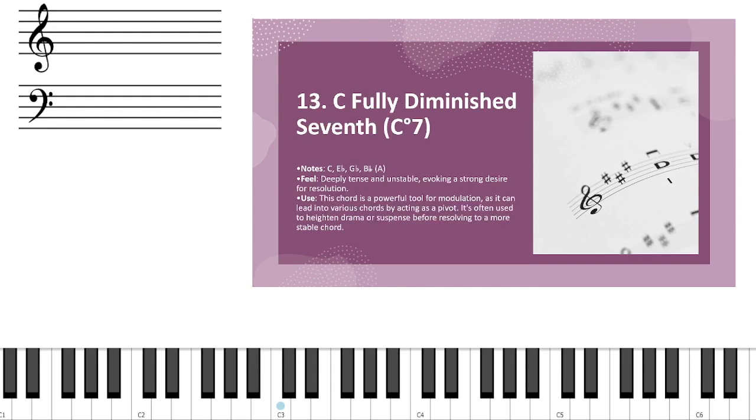Number 13, a fully diminished 7th. And this is C, E flat, G flat, and B double flat, which is A. So C, E flat, G flat, and B double flat, which is A. You might have heard it like this.